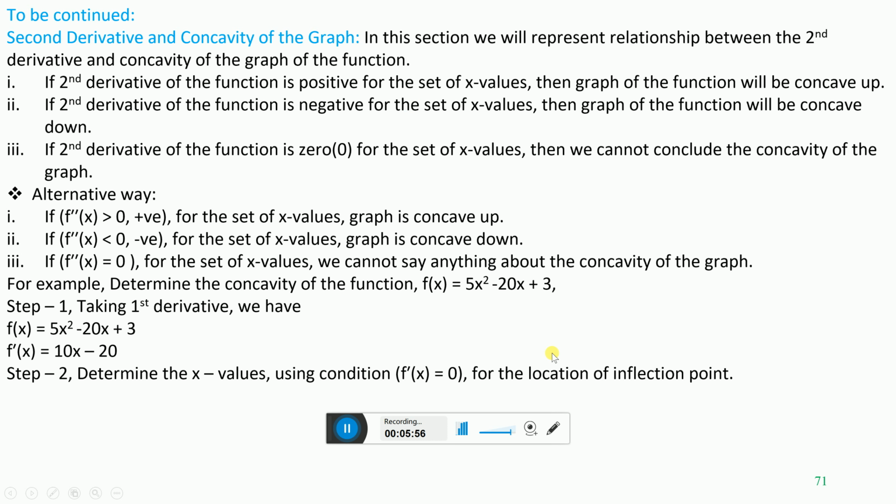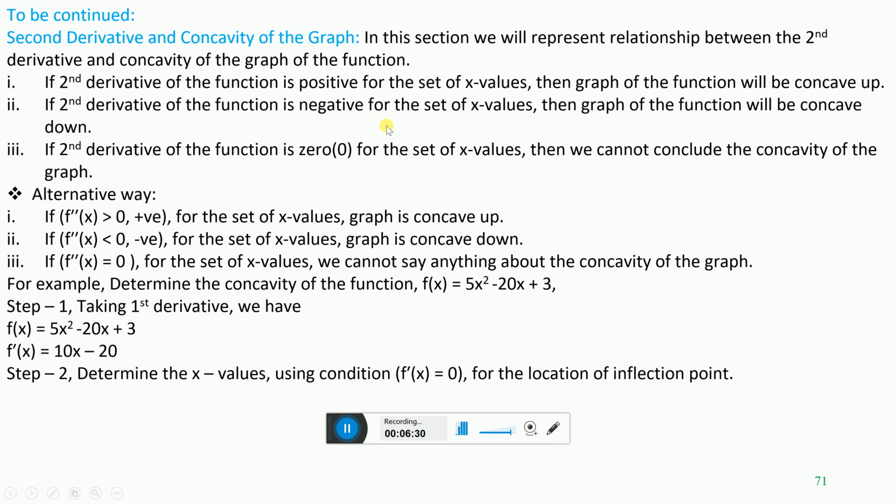Here we are examining the concavity of this function, whether it will be concave up or concave down for the set of x values, but the x values are unknown, not given here. So what to do? First we have to determine the x values for which the function will be concave up or concave down.